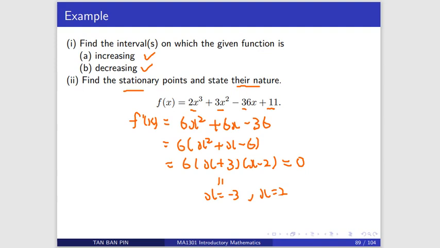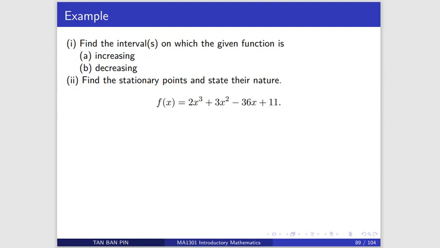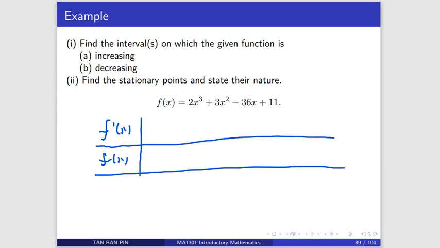And after that, you test out the interval. So you do like the other question. So you consider f prime x, f x, and you put the two numbers there. Just now what you got was f prime x equal to 6 bracket x plus 3, x minus 2, right?